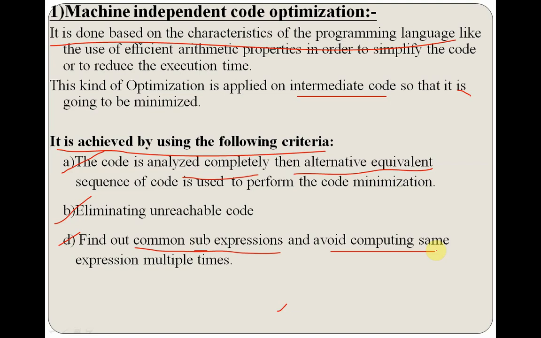So if I compute that expression multiple times at different locations, I will get the same result, because the operand values are not changed since the last application. So it is better to avoid such common subexpressions.